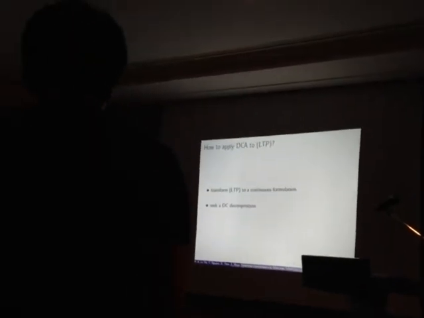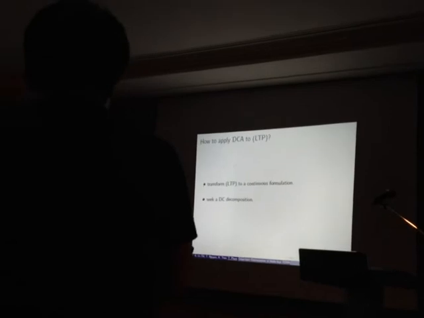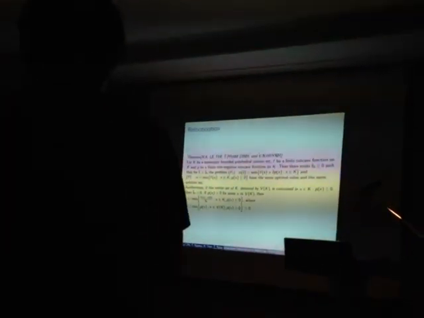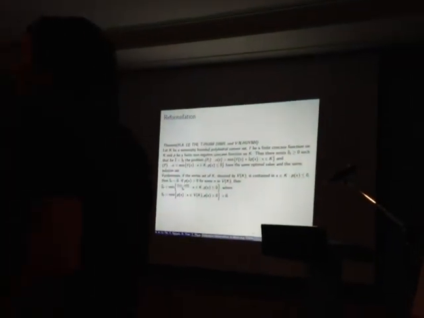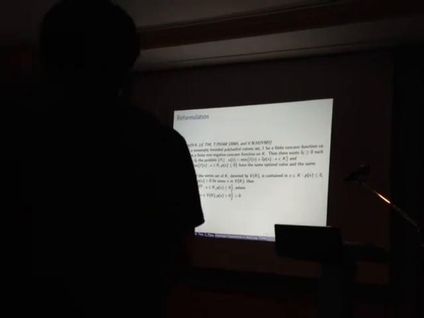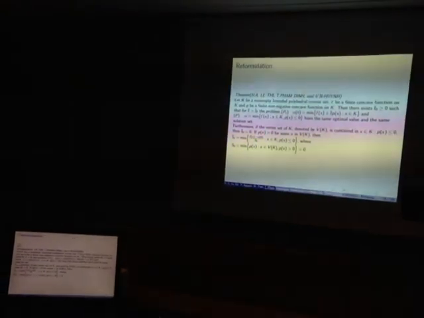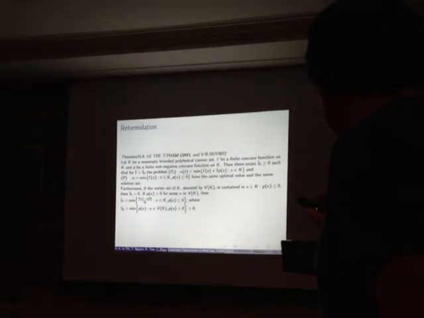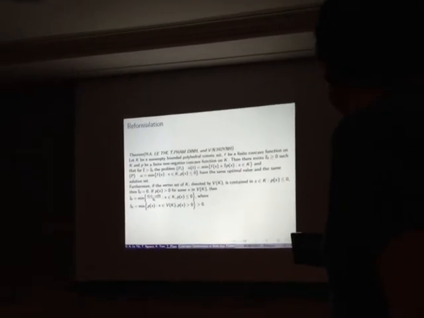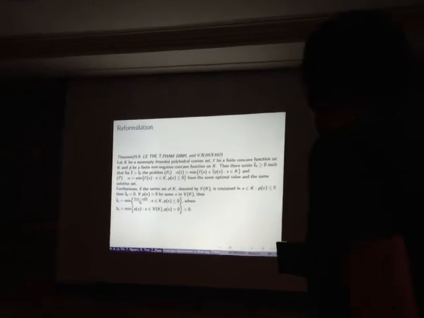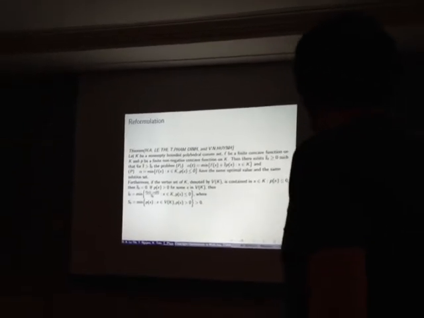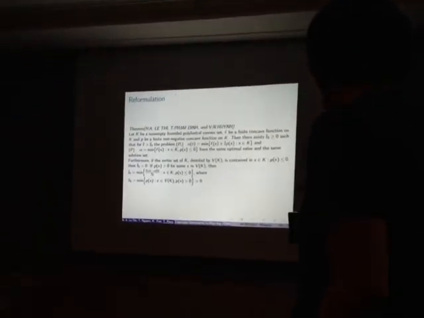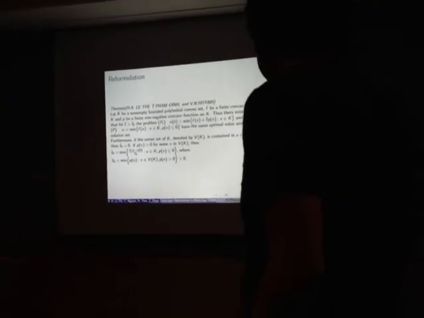How to transform into a continuous problem with a DC decomposition? You can use this theorem, the penalty technique in DC programming. What does it say?